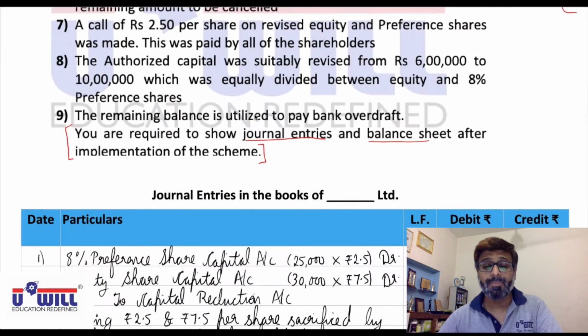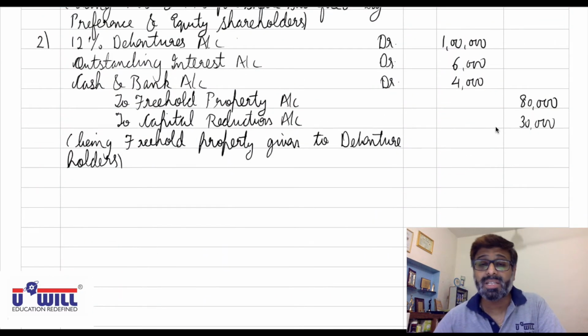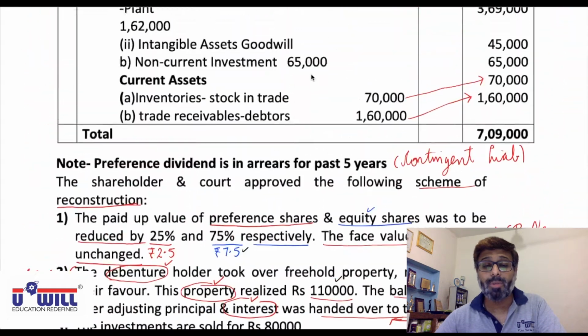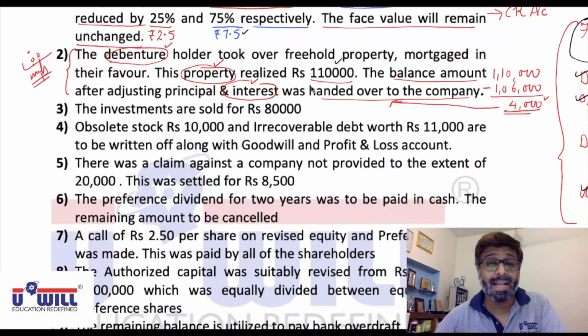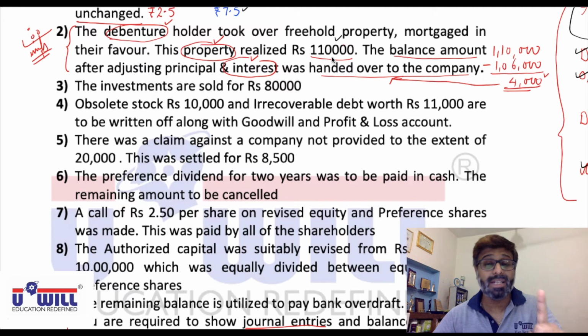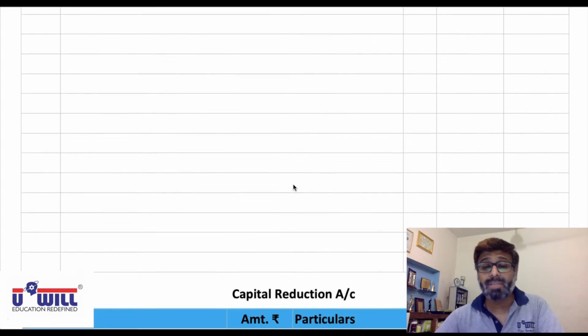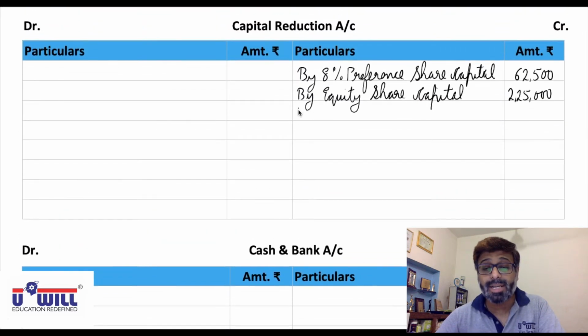Tell me one thing. This capital reduction 30,000 is of what? Against 80,000 of freehold property, it is sold for 1,10,000. That profit of 30,000 we are talking about. So that 30,000 is the profit of freehold property. So in capital reduction you'll write on credit side. But what is the reason for this 30,000 of capital reduction?